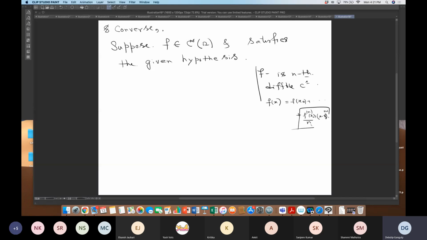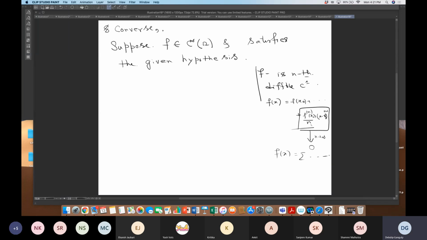The problem is with the remainder term. We can write the infinite Taylor series if this remainder term goes to 0 as n tends to infinity. Then we can say that this has an infinite power series.